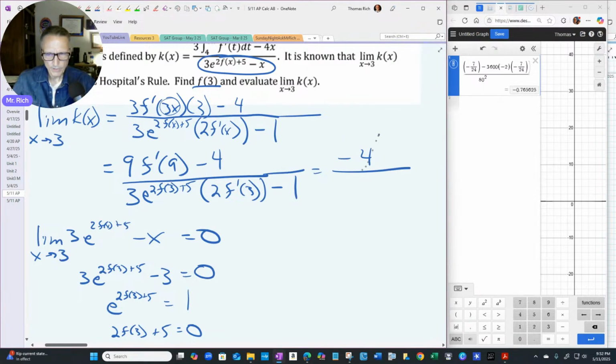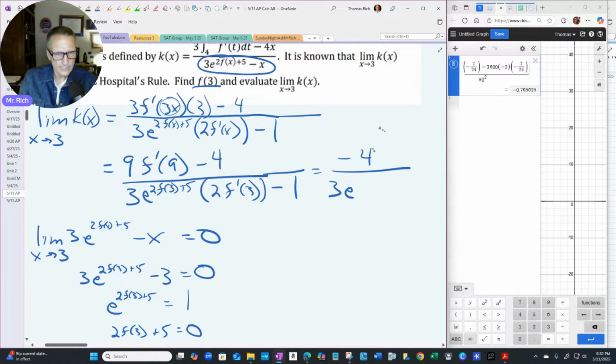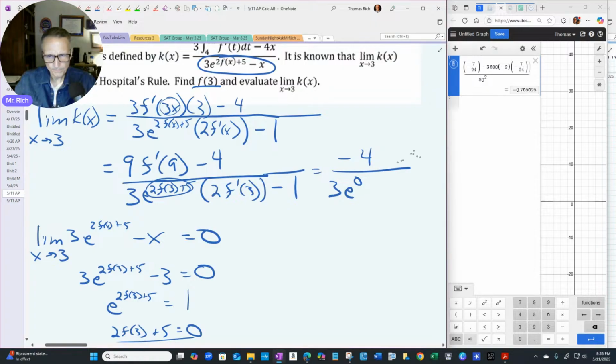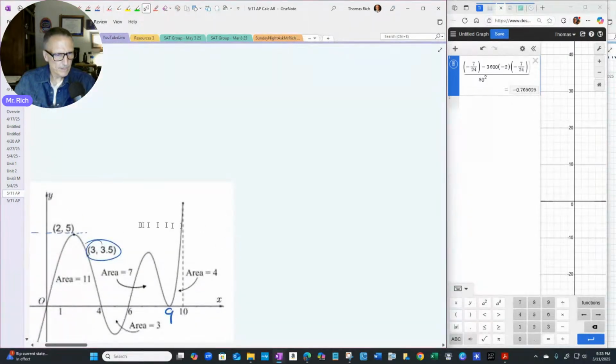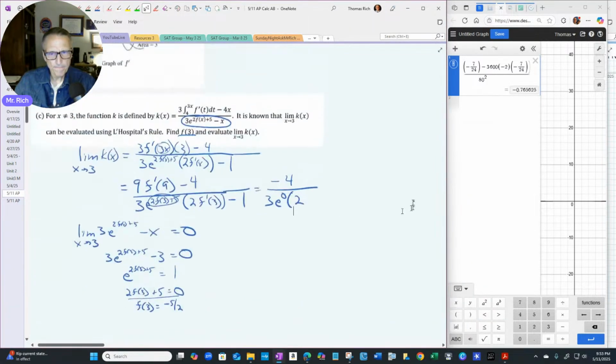So now we knew that we had negative 4 on the top, and this would be 3 times e, and this would be f of 3 is a negative 5/2. So that's e to the negative 5 plus 5. Right? You see that? That right there is what was equal to 0. So you have 3 times e to the 0, and then that was times 2 times f prime of 3. And f prime of 3 was 3.5, back from the graph up there.